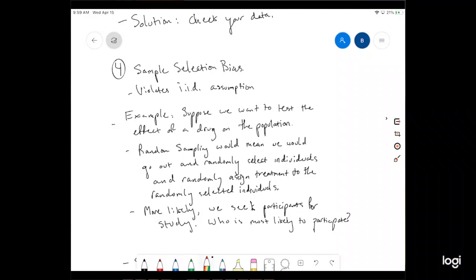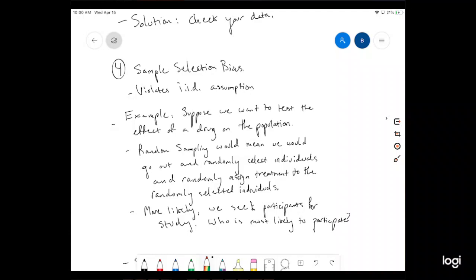All right. Number 4, sample selection bias. This violates the independently and identically distributed assumption. For example, suppose we want to test the effect of a drug on the population. If we were random sampling, we would go out and randomly select individuals and randomly assign treatment to the randomly selected individuals.